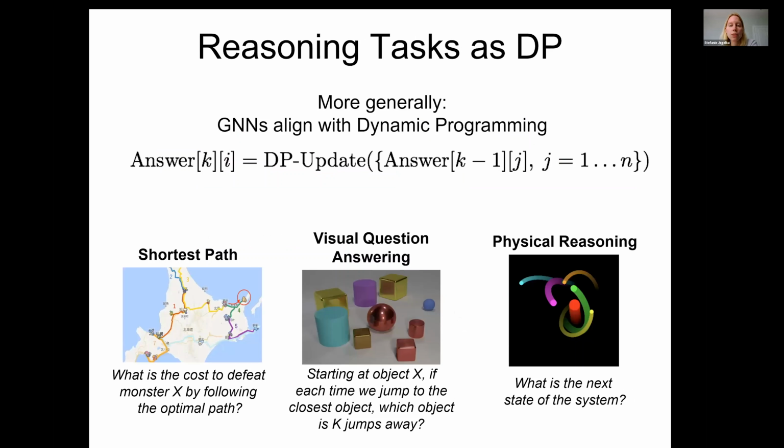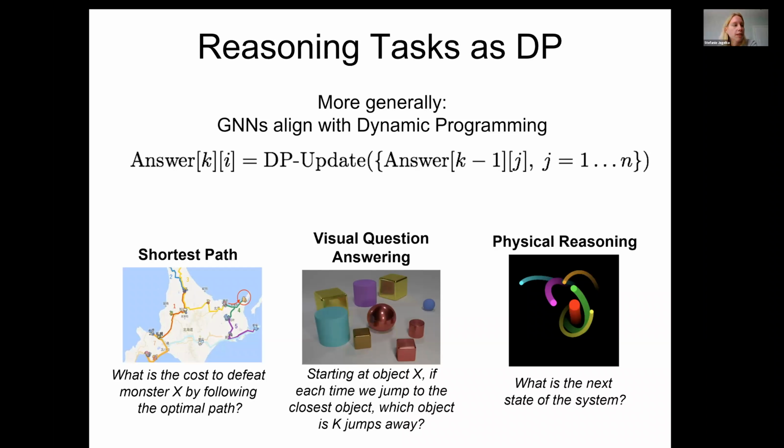And many of the tasks that people have considered in these reasoning tasks are of dynamic programming form. They have exactly these update forms, and hence it makes a lot of sense that GNNs can learn these very well. So this is an empirical and intuitive explanation for why GNNs should be able to learn many of these algorithmic tasks very well.